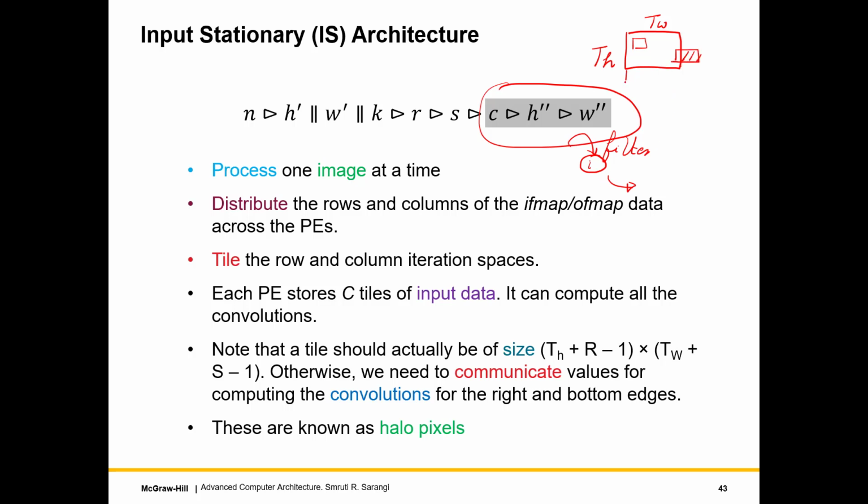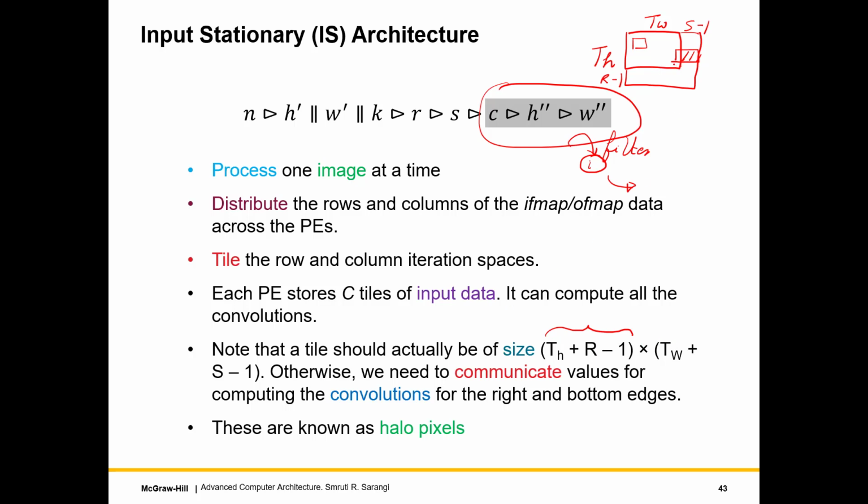So we can deliberately consider a bigger input map tile, where there will be overlap across computing units, but that is unavoidable. We extend this by r minus 1 pixels downwards and extend the columns by s minus 1 pixels. So the tile size increases to th plus r minus 1 multiplied with tw plus s minus 1.